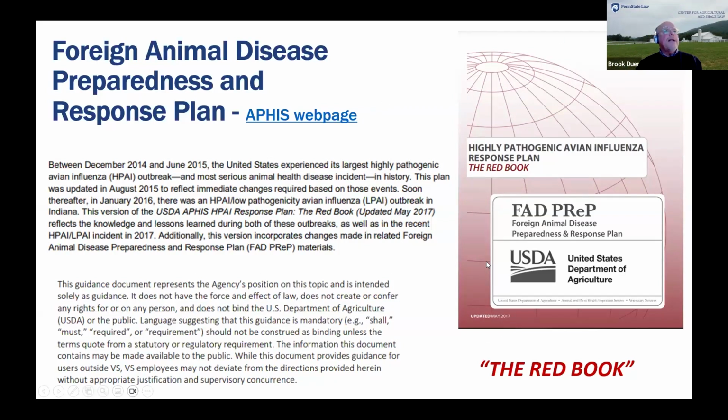Essentially, these are guidance documents where USDA-APHIS is creating guidance for its own employees, but it's a public document too, to say, okay, everybody who works for us, this is how you're going to administer the disease response plan in this Red Book, and it goes through every aspect of it. Our employees are going to be doing it this way, and so now you know how it's all going to be done. But of course, it is guidance.